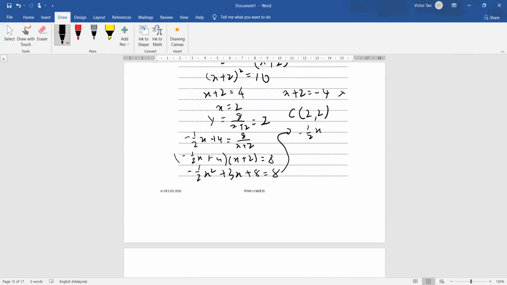Minus half x. I'm going to factorize this, cancel off, (x minus 6). So x is 0 or x is 6. y is minus half times 0 plus 4, which is 4, or y is minus half times 6, which is minus 3, plus 4 will be 1.